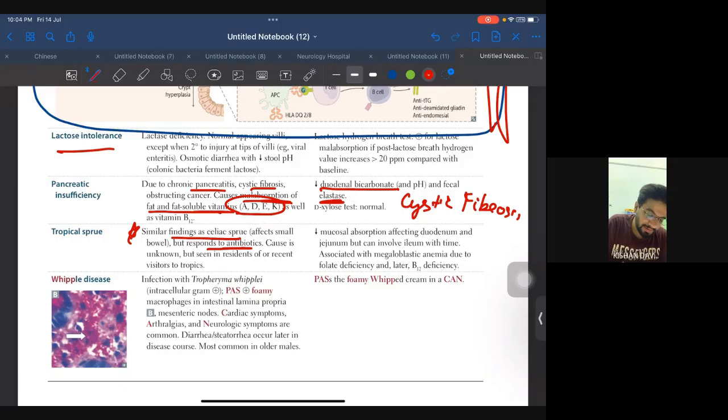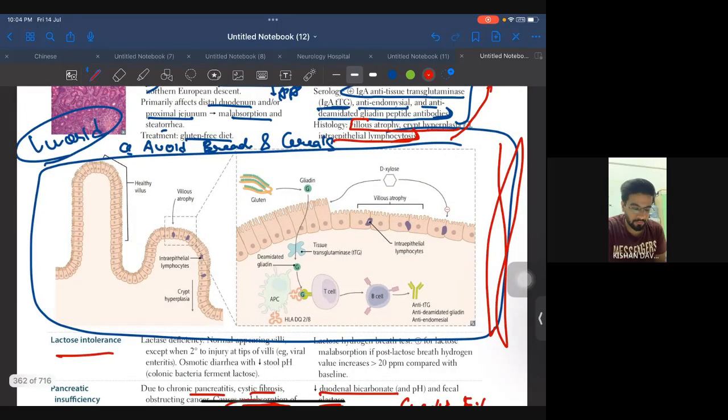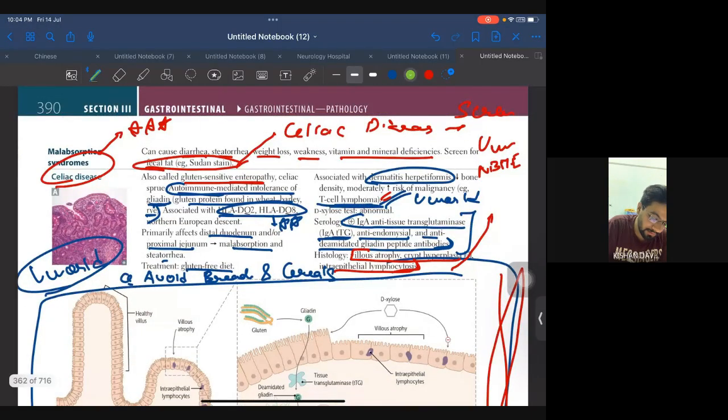Second, it is seen in residents or recent visitors to the tropics, mostly the Caribbean. And in celiac disease, I forgot one point here: Northern European descent. Northern European descent, it can be UK or Germany or France. Okay, Northern European descent is very important. All right, so all these are very important.